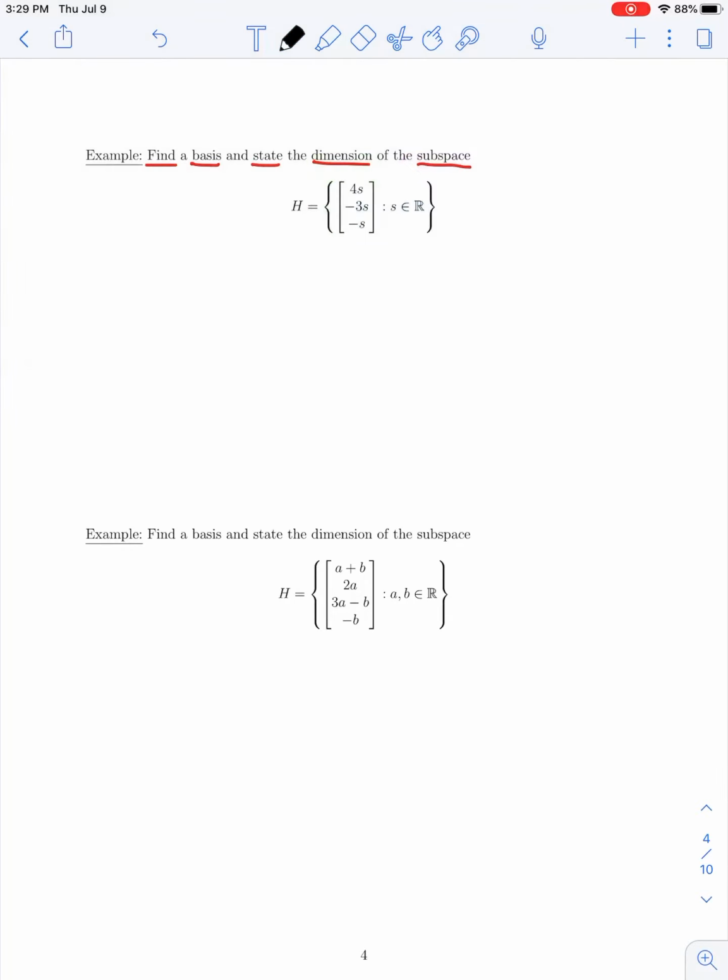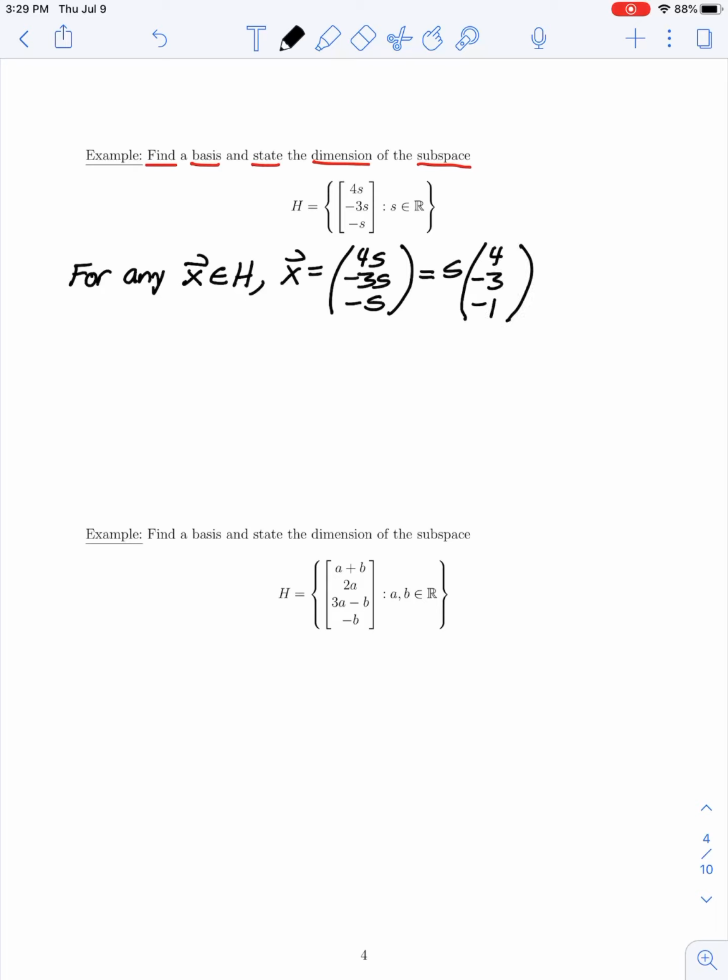So we see here that for any vector, let's call it x in H, x has this form, 4s, negative 3s, and negative s, which can be written as s times 4, negative 3, negative 1. So we can think of H as being the span of this vector, which we've shown here.